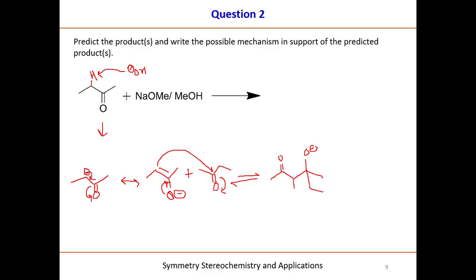Okay, this is the intermediate we will get. Then this is alkoxide. This intermediate is called alkoxide. Then this O minus will get protonated to give the corresponding product.